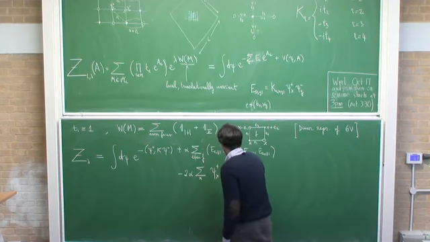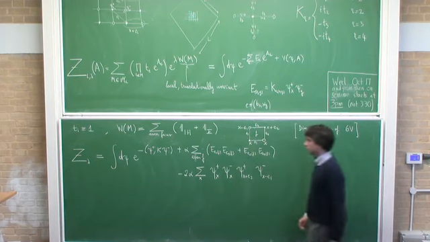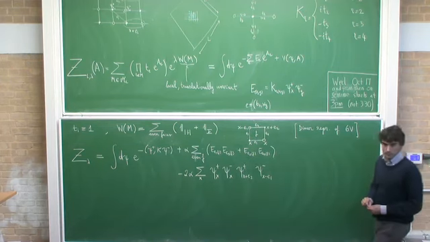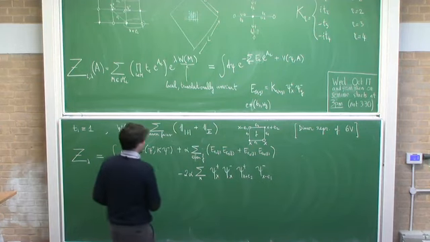Psi plus x, psi minus x, psi plus x plus e2, psi minus x minus e1. So this is the interaction. So it's a quartic interaction.